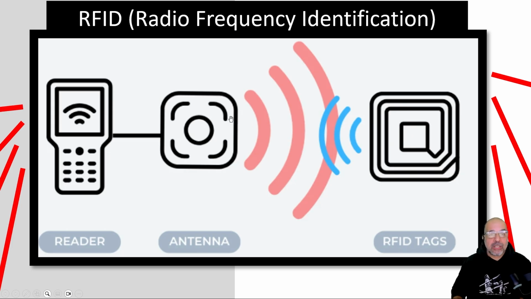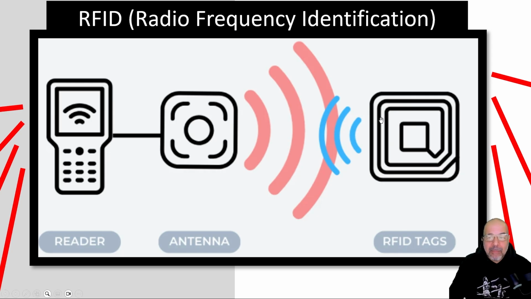Now, usually the transmission is one way, and it will transmit whatever has been stored on its little microchip, usually just some kind of serial number or identification number. But there can be more stored on there, things like personal details. We'll see that in a second.